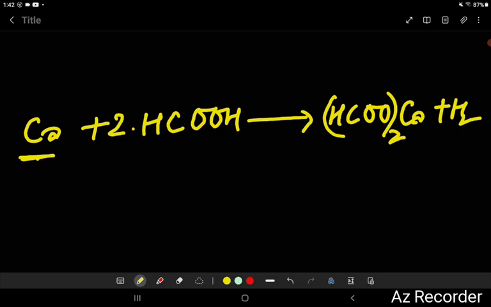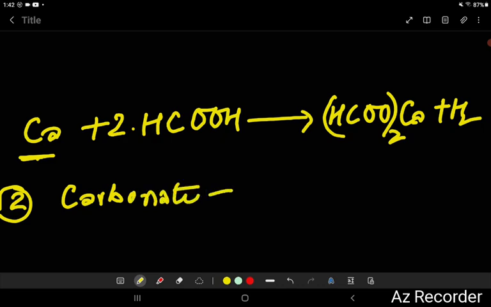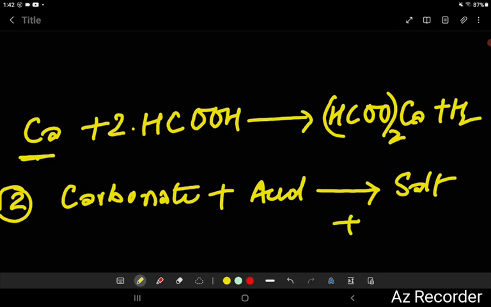Second reaction: if you are writing any reaction between acid and any carbonate salt, like sodium carbonate or potassium carbonate reacting with any acid, there will be 3 products. One will be salt, second will be water, and third one will be CO2 gas.